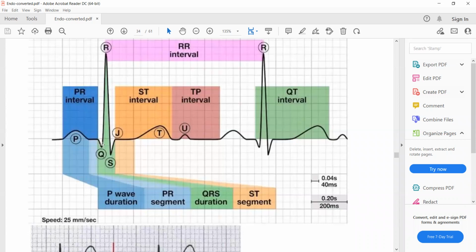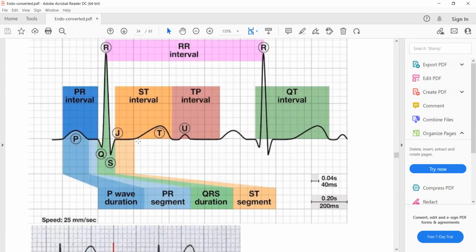The first negative wave is Q, which is not normally present on a normal ECG. The first positive wave is R wave, and this is S wave, and the junction of the ST segment and S wave, or QRS complex, is J point.